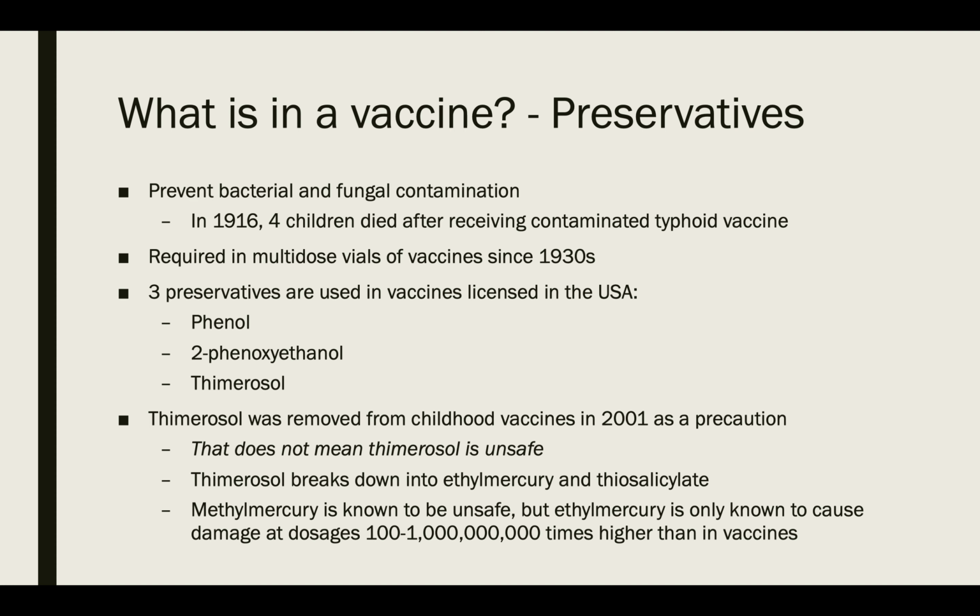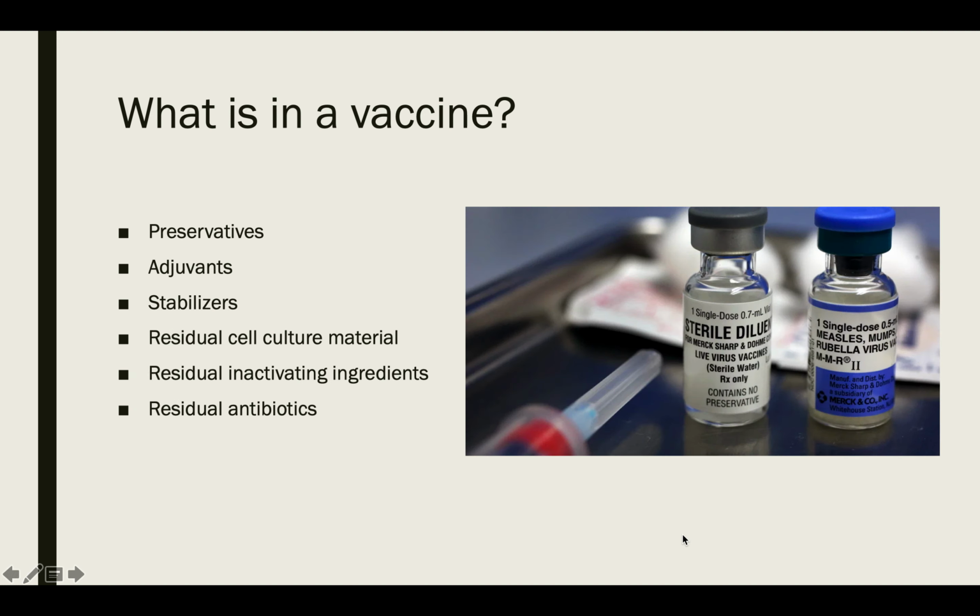Single-dose vials of vaccines don't have to have a preservative, but multi-dose vials do. This is because you're going in and out of that vial with a needle, and you can introduce contamination. In this picture, it says sterile water, and I thought somewhere it says contains no preservative, but that's because it's a single dose.